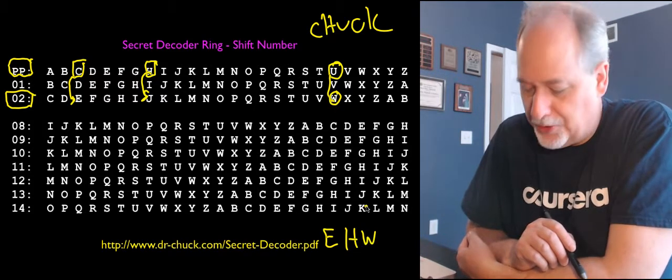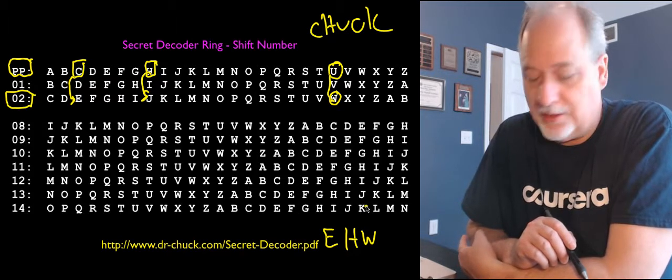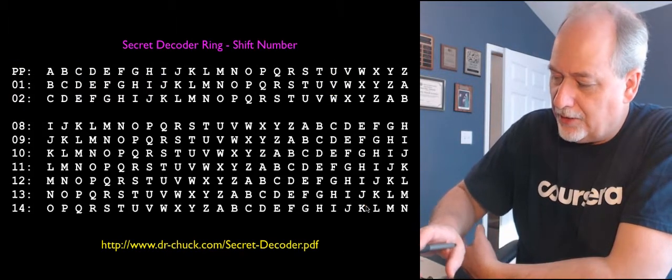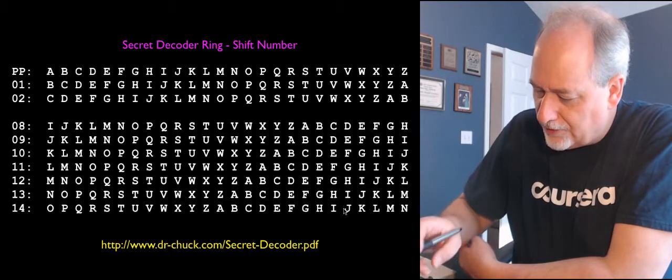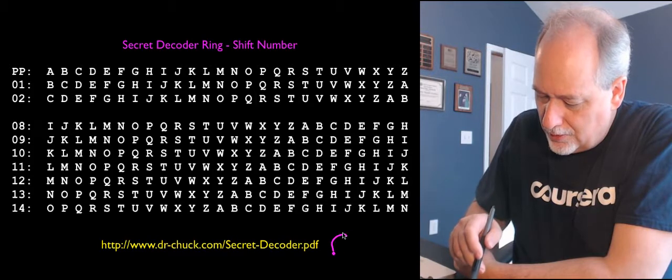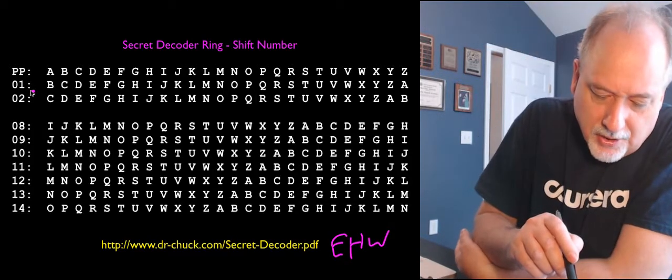So now I'm doing my encryption. EHW is the encrypted ciphertext. Let me clear that and write it back down here in a different color. EHW. Now to decrypt, remember you need to know the shift.